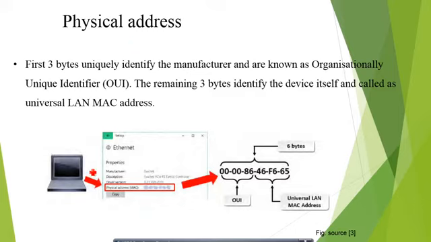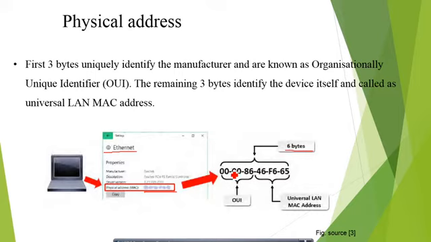If you check the Ethernet properties in your system, you will find the actual network address over here, the physical address.